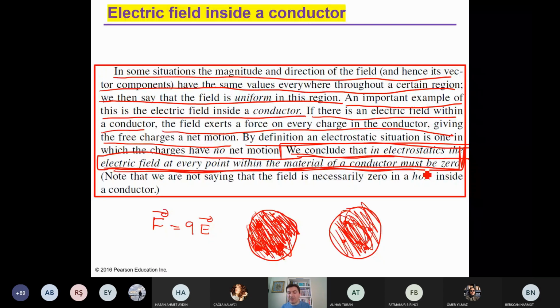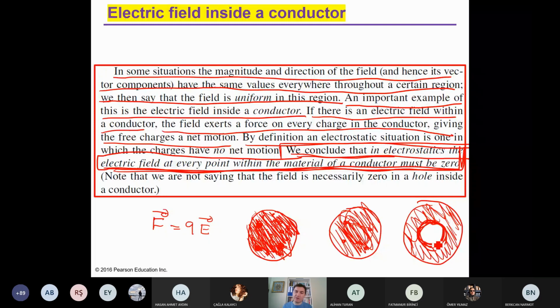But let's consider you have a metal sphere, okay? And you have a hollow within the sphere. So in this part, you have metal, okay? But in the center, you have a hollow, an empty part. So the electric field in this center can be different from zero, okay?